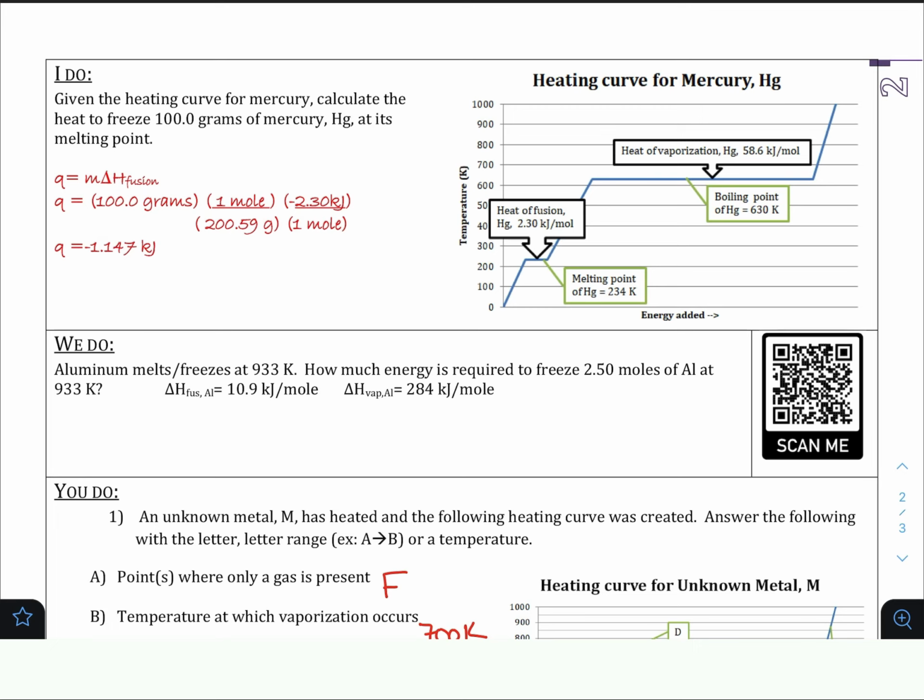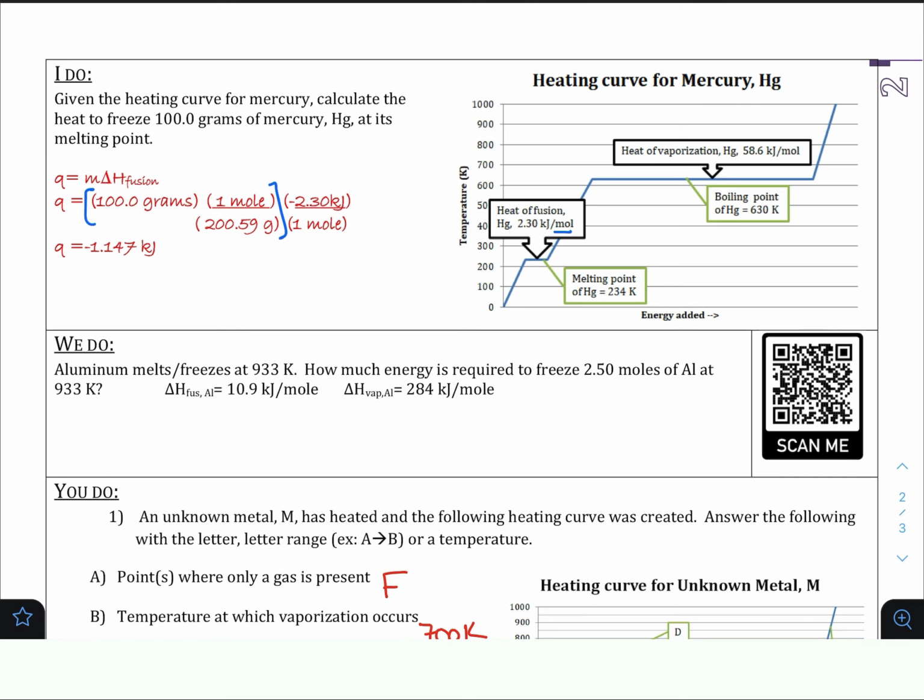Okay, so we have m delta H, because we're given our 100 grams. However, if we look at these values here, this is kilojoules per mole. So the first thing we have to do here is the conversion to moles.